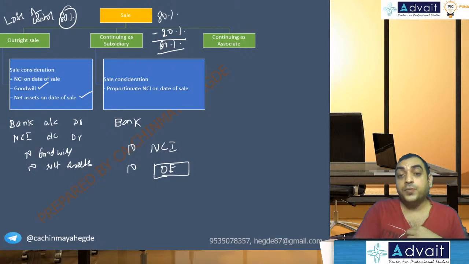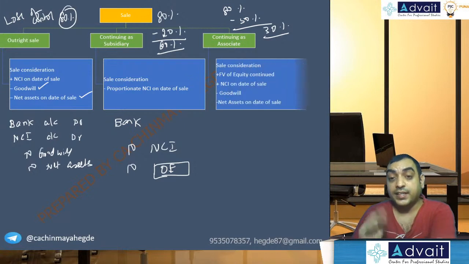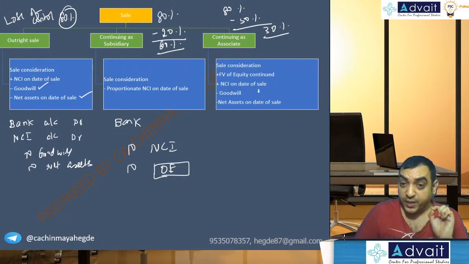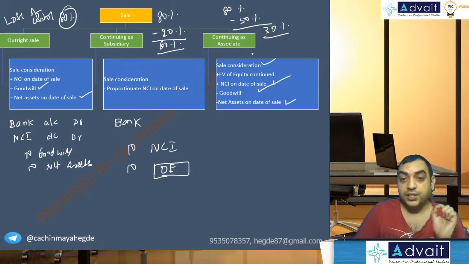This is interesting. You sell, but you continue to show it as associate. For example, you had 80%, you sell 50%, and 30% you continue, so you continue to show it as associate. You can't completely derecognize. In such a case, goodwill should be derecognized, net assets should be derecognized, NCI derecognized, sale consideration recognized.